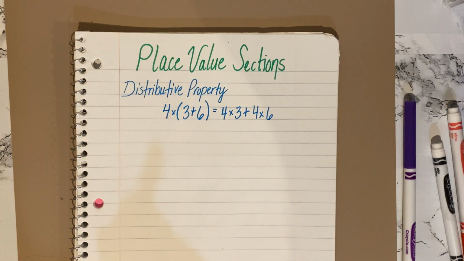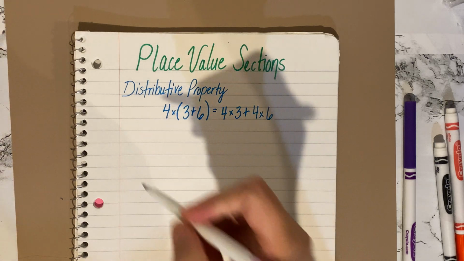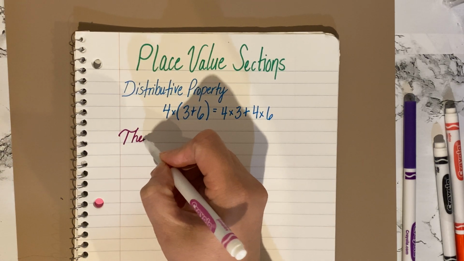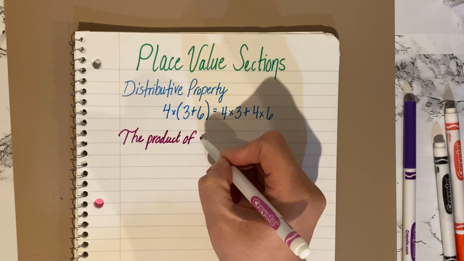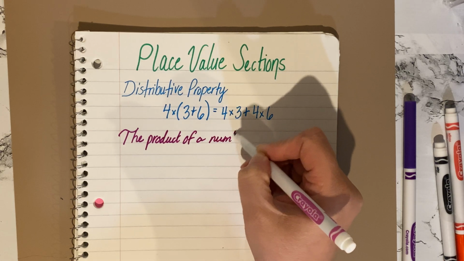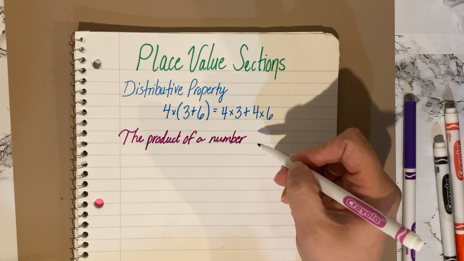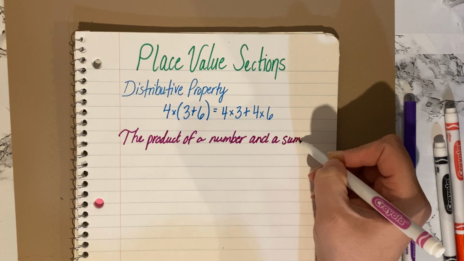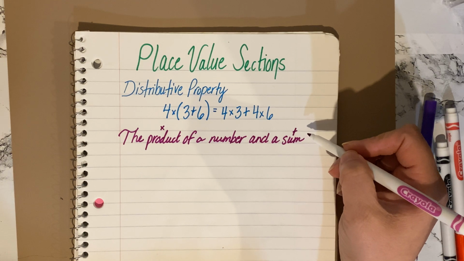Okay, so we're going to write down a pretty big sentence, but I think it will be good for you to have this and be able to refer back to it. The sentence says: the product of a number, so the product means multiplying, the product of a number and a sum, which means adding. So let's put times up there and addition up here.